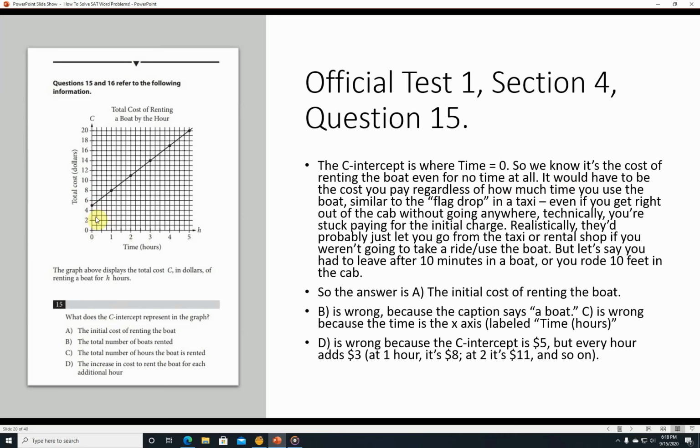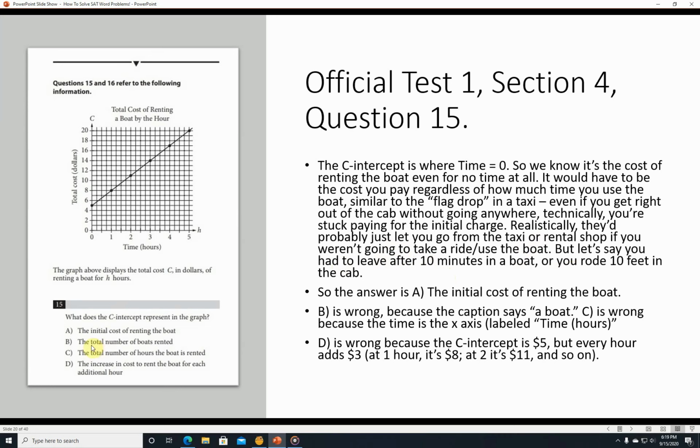Similarly, as soon as you sign the rental paperwork for the boat, you're paying that even if you realize you have to go home and you're not going to have any time to use the boat. It might also be if you had to leave after 10 minutes in the boat, or after you rode 10 feet in the cab. They say, we can let the 10 minutes or the 10 feet go, but you've got to pay us the initial charge. So the answer is A, the initial cost of renting the boat.